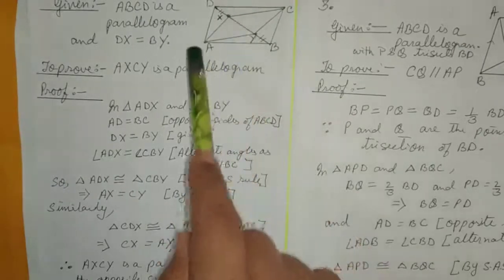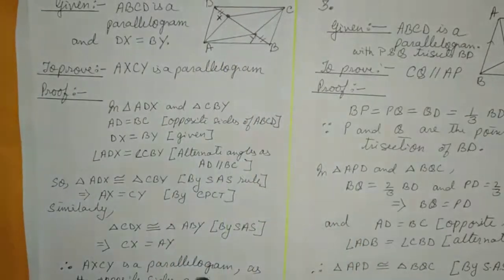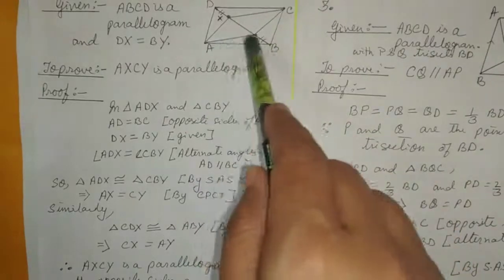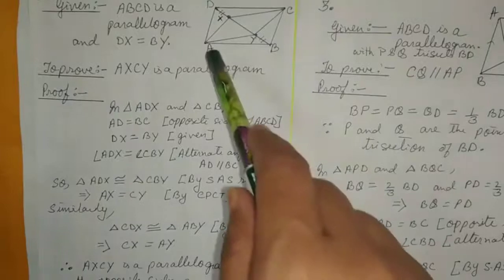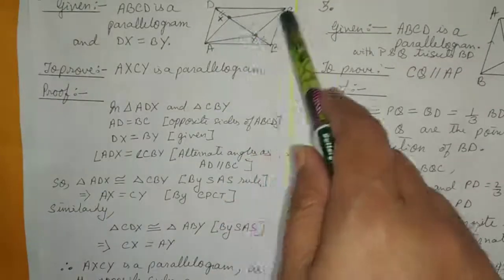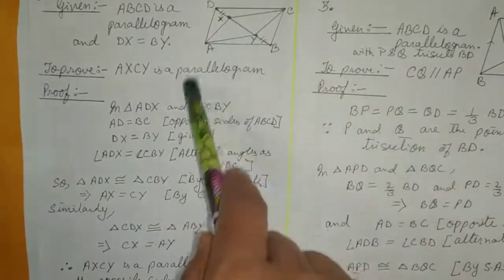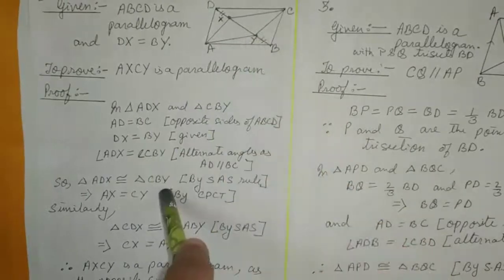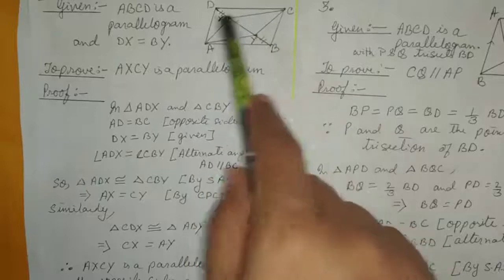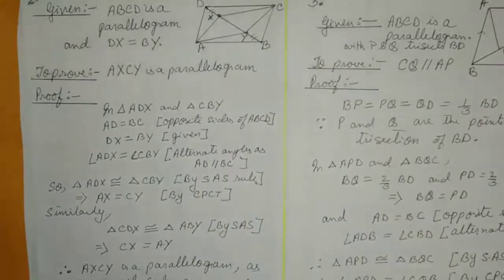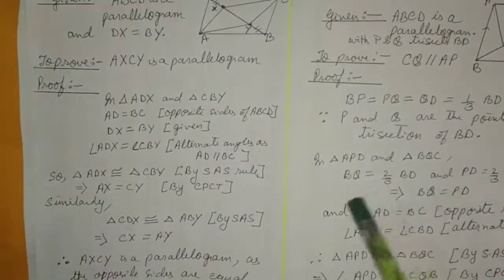So the two triangles are congruent by ASA rule, and AY is equal to CX by CPCT rule. So now in the quadrilateral AXCY, we have proved that AX and CY are equal, CX and AY are equal. So when the opposite sides are equal, it is a parallelogram, hence proved.